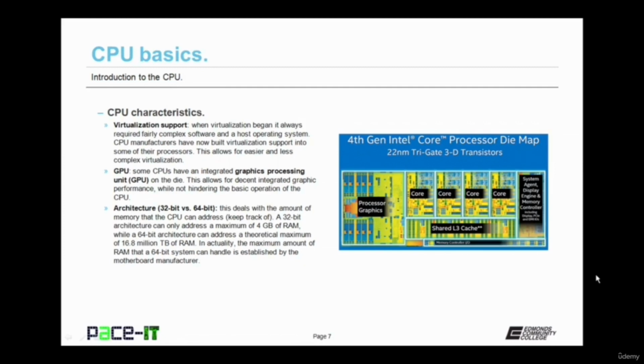Last but not least under the CPU basics is the architecture. Now this is either 32-bit or 64-bit. This deals with the amount of memory that a CPU can address, that is, keep track of.